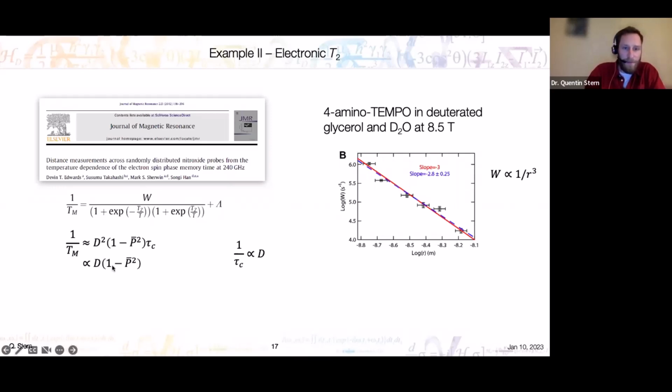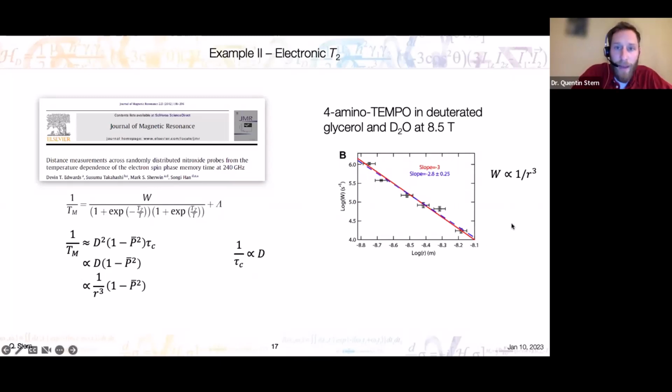Hence, the expression simplifies to this, and the dipolar interaction is in itself proportional to the third power of the distance between electrons. And so we find with our simple model what they have found experimentally. So it's a sort of confirmation of this simple model.